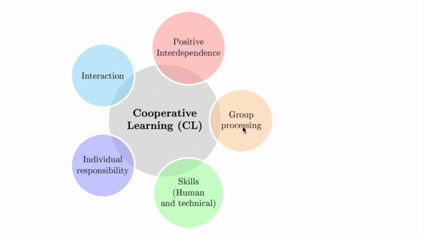And that's exactly one good thing about cooperative learning. There is also positive interdependence, because being dependent on somebody is not always a bad thing. Being dependent on somebody is a sign of teamwork. It's a sign of good relationship with others.